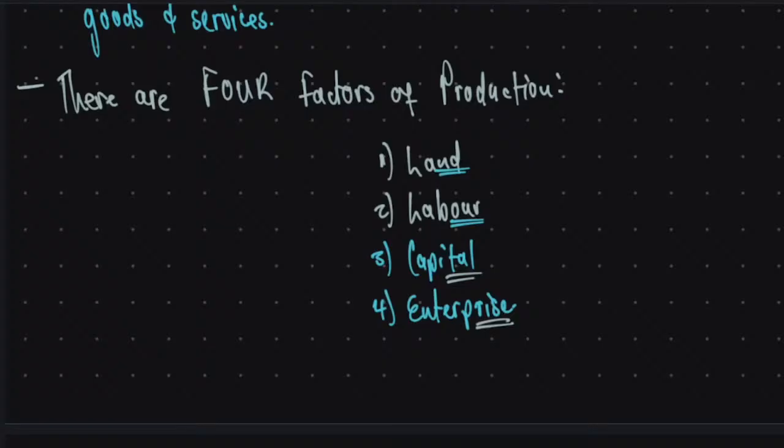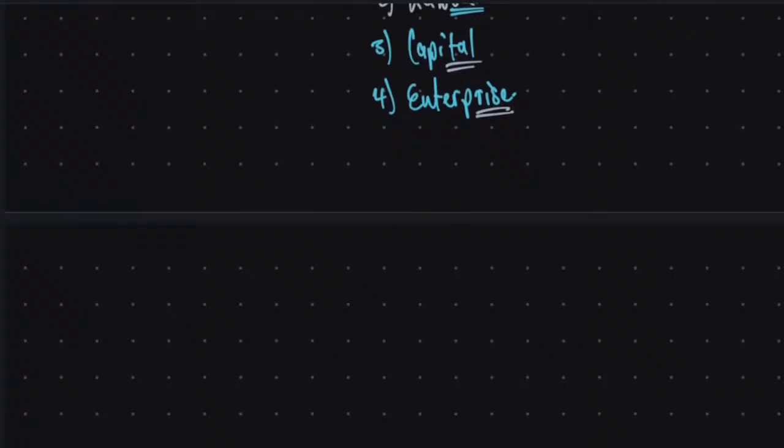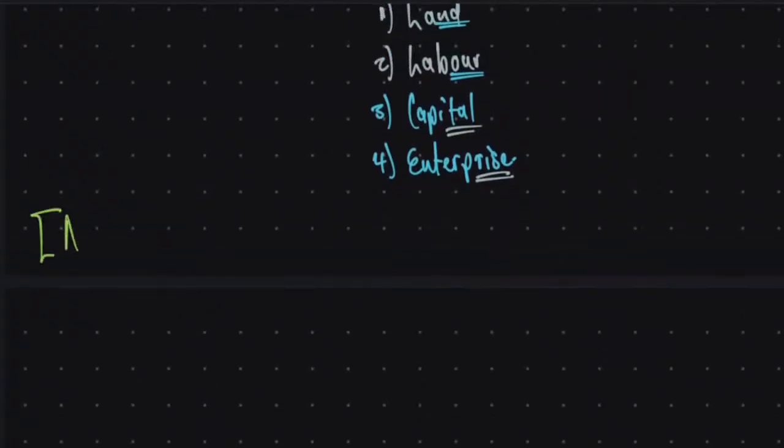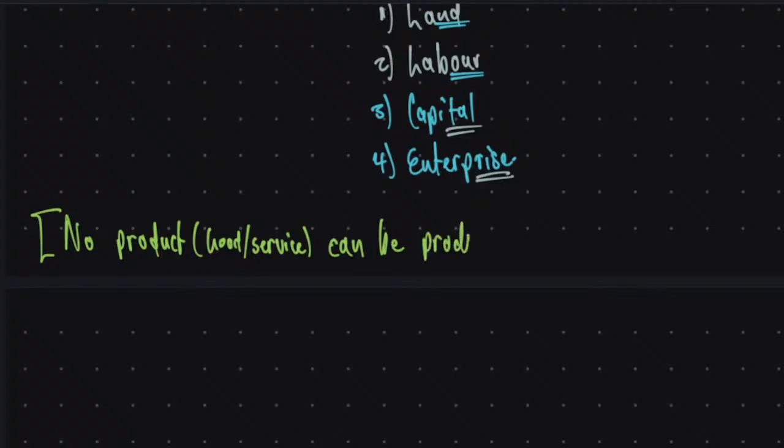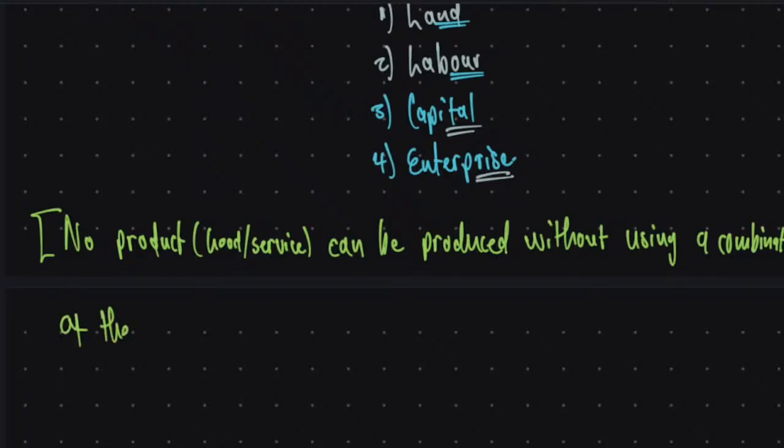Let's go. Put in brackets: no product, good or service, can be produced without using a combination of these four factors.